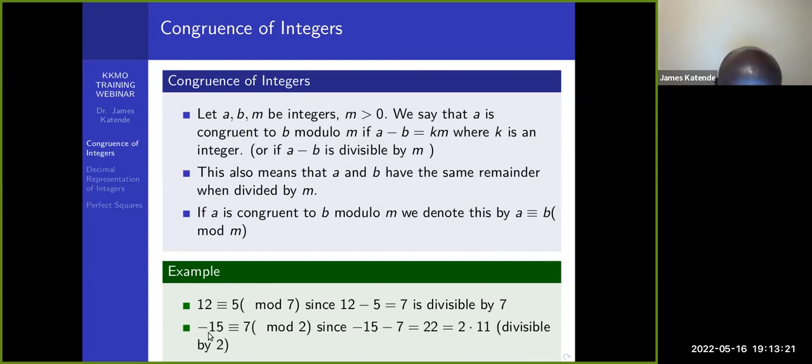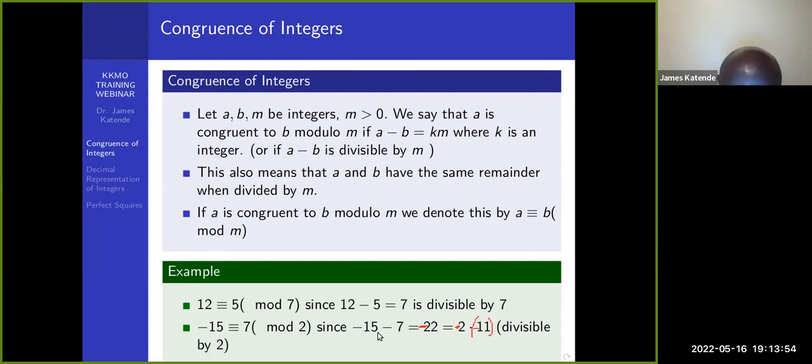Also, we can make the claim that -15 is congruent to 7 modulo 2, because the difference, -15 minus 7, is equal to -22, which is the same as 2 times -11.